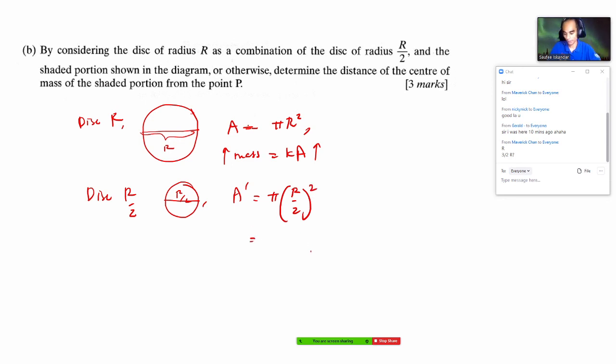So you end up with this not A prime, this is A divided by 4. This A is related to this A. So A prime equals the big A divided by 4. That's the ratio between them. The small disk of r divided by 2 has an area equal to the big disk's area divided by 4.